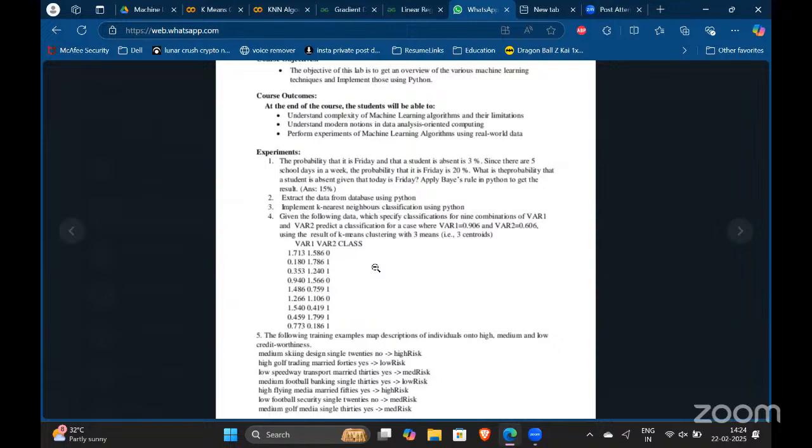This is 0.7, just 0.7. Okay. Anyone calculated the second one?